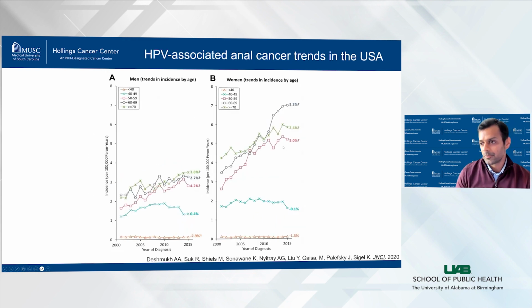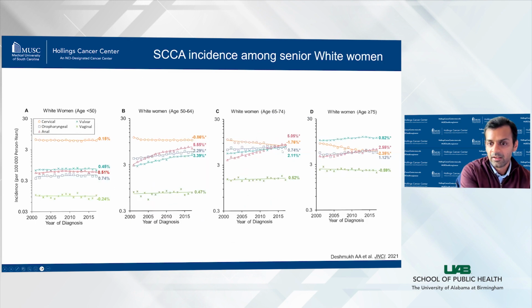So which age groups are disproportionately affected by anal cancer? Women in their 50s and 60s are seeing the most rapid increase, over 5% per year. Men in their 50s and 60s are also seeing rapid increases in anal cancer incidence.